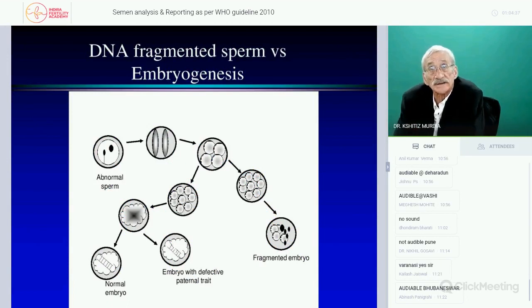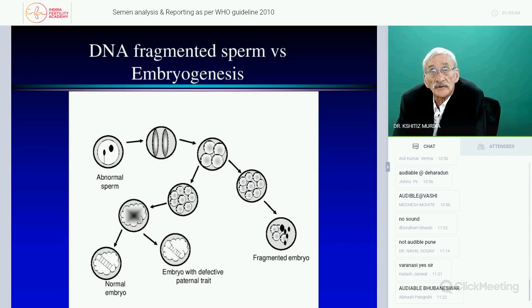This is an important slide published by Dr. Sakkas in the Journal of Assisted Reproduction and Genetics. You have an abnormal sperm that can fertilize the egg, and it can go through all the steps, blastocyst formation, and then you have a fragmented embryo after a few days.